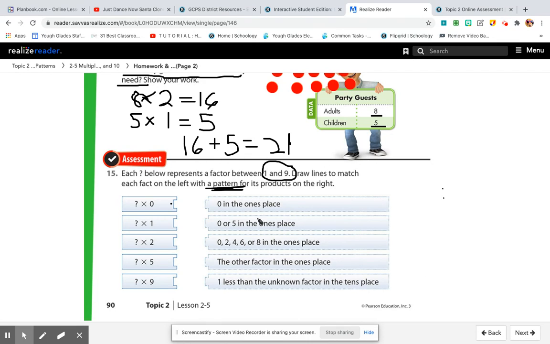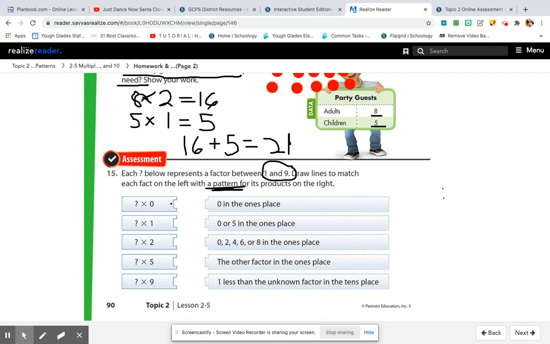So which one of these sounds like that pattern? 0 in the ones place. That makes sense. All the multiples of 0 have zeros in the ones place. Let's keep reading though. We don't want to settle until we know for sure. 0 or 5 in the ones place? Not just 0 or 5.